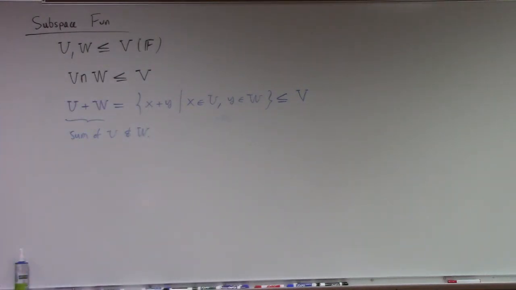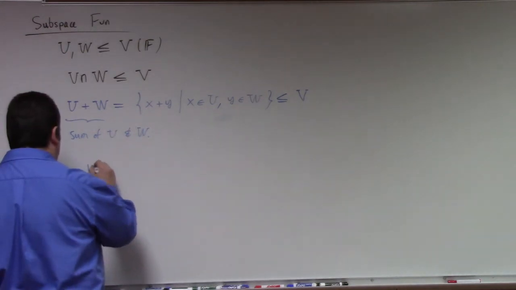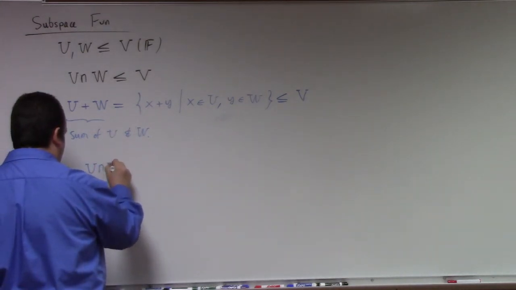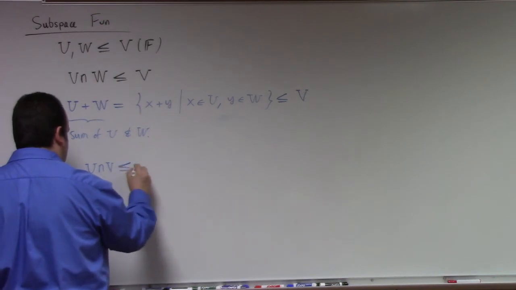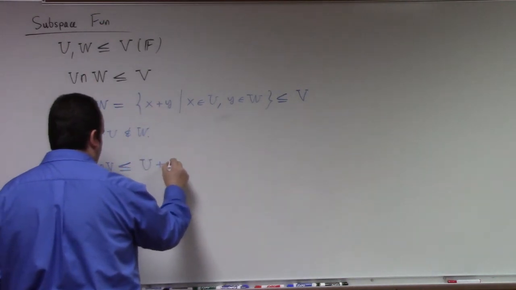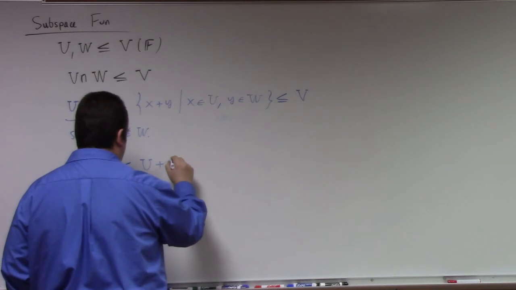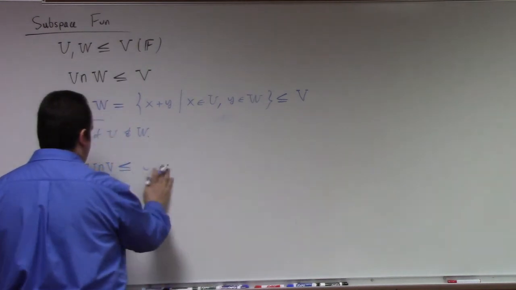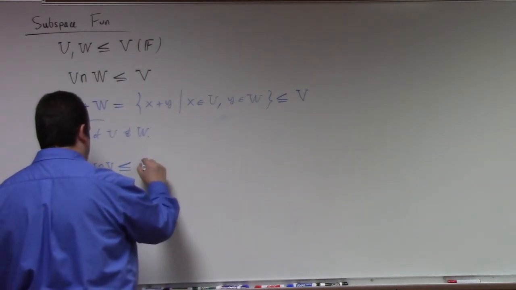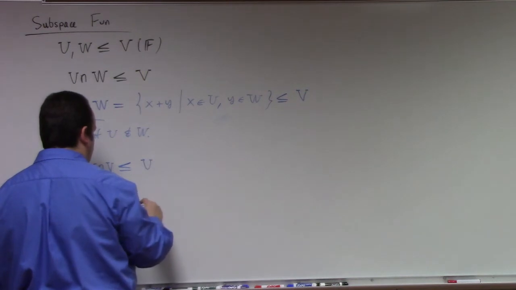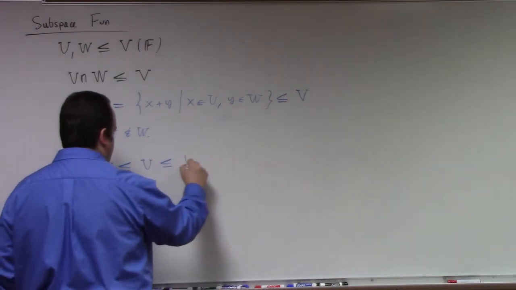And what's the story here? What's the relation between these guys? We have that the intersection is a subspace of the sum. I could say this, I can put U here, and U is a subspace of the sum.